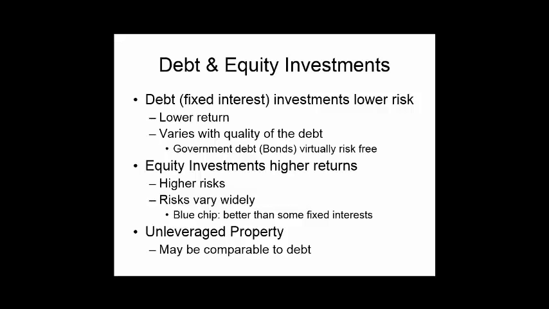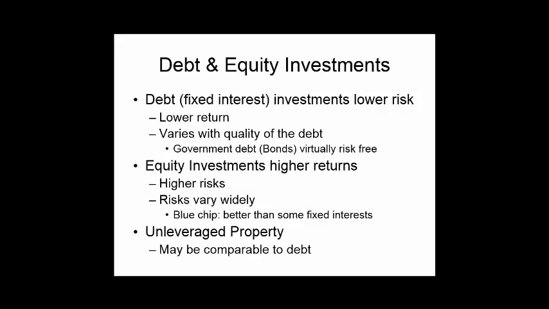Equity investments also have a spectrum of returns and risks, and while they generally have higher returns, this is not always the case, because in some cases more secure equity investments, referred to as blue chip investments, have lower returns and lower risks than some of the more adventurous and risky fixed interest securities or junk bonds.